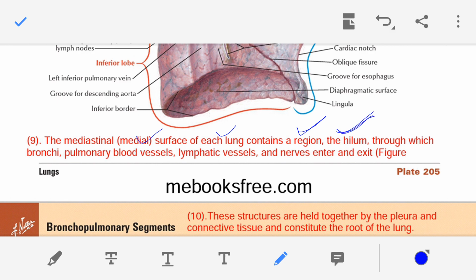Through this hilum, bronchi, pulmonary blood vessels, lymphatic vessels, and nerves enter or exit the lung.